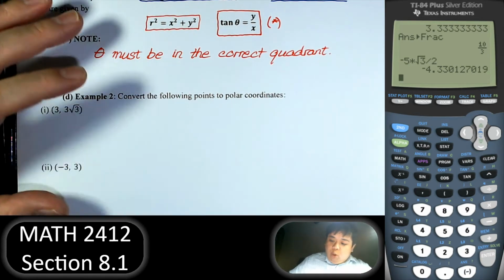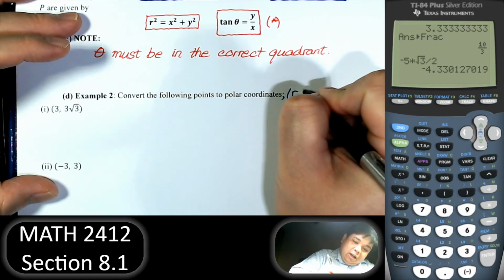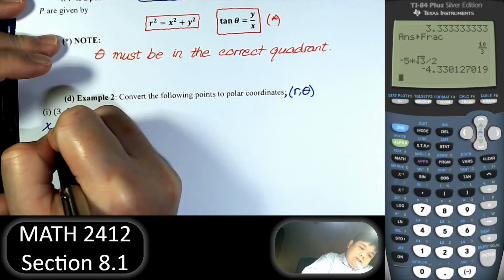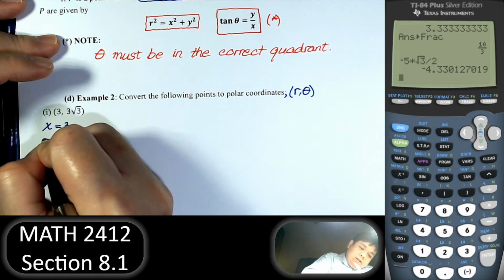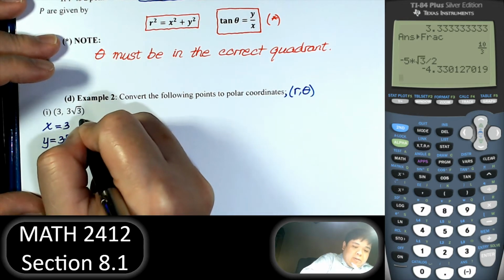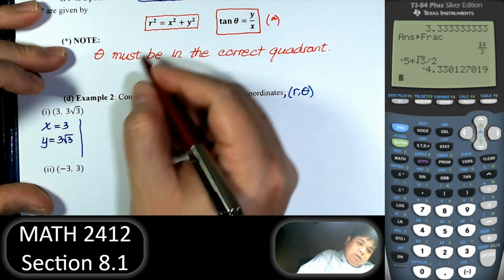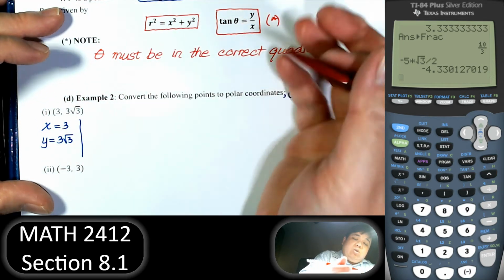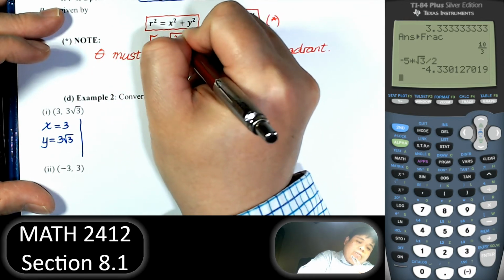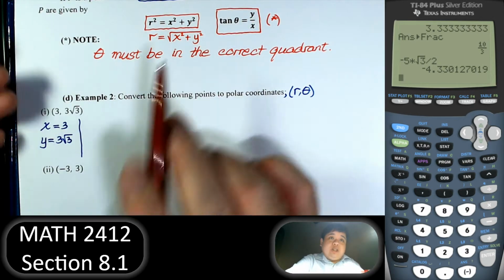Convert the following point to polar coordinates. So we convert the point to polar coordinates. We have r and theta, which means originally we have x and y. So first, to get r, r squared is equal to x squared plus y squared. If we want to choose r to be positive, we can always do that.